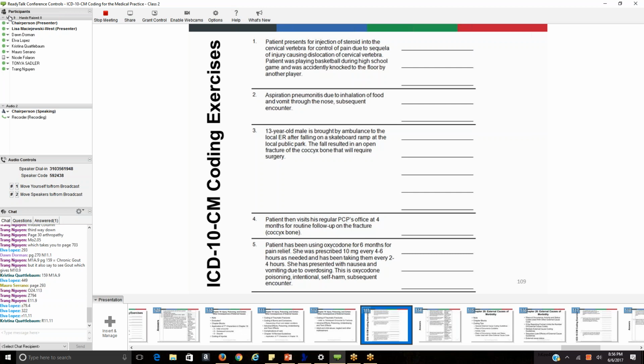So now we have W10.2, and what is the 7th character in this one? We have to go back to the W, which is going to be the initial, subsequent, or sequela. This is an initial encounter, so it's going to be W10.2XXA.